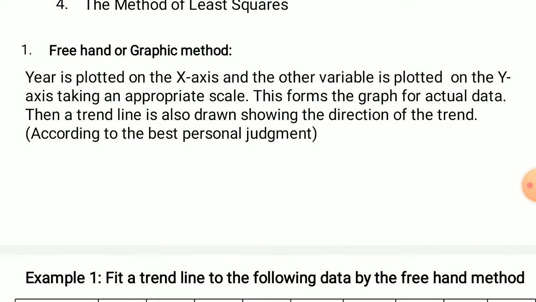Therefore, this is the easiest, simplest, and most flexible of the methods of secular trend, and it can be used for determining the trend.